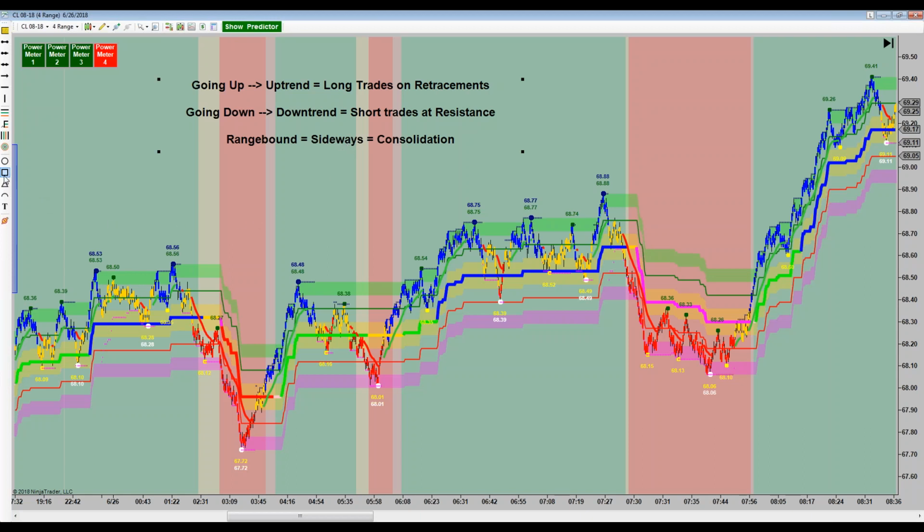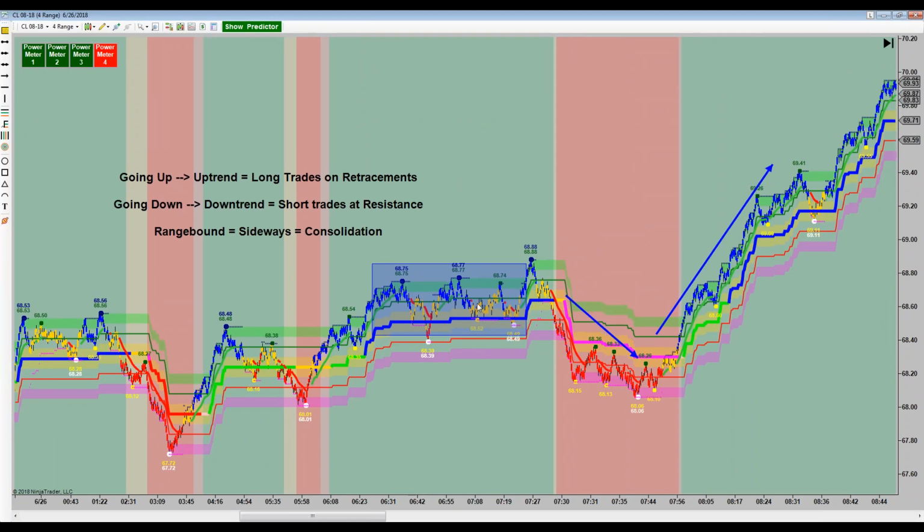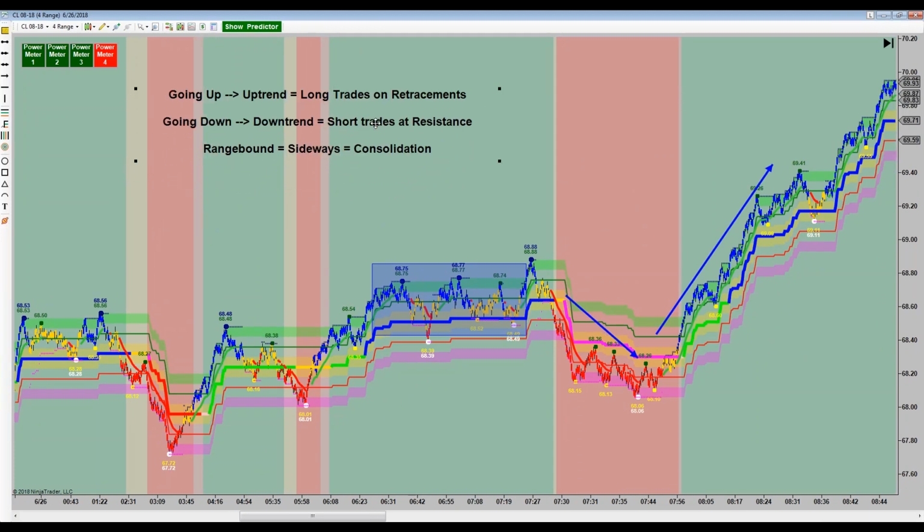Can everybody see the difference between how the market looks here as an example, and how the market looks here and here. What are the differences between these three pictures?